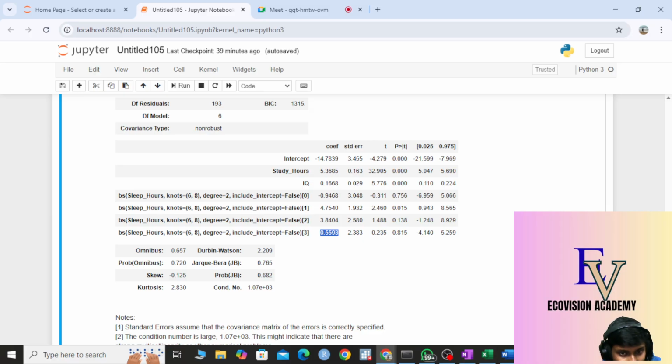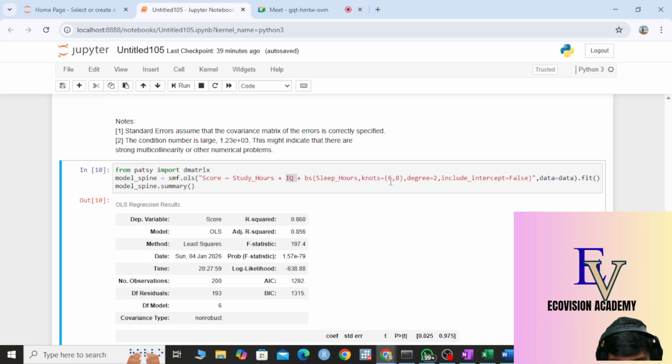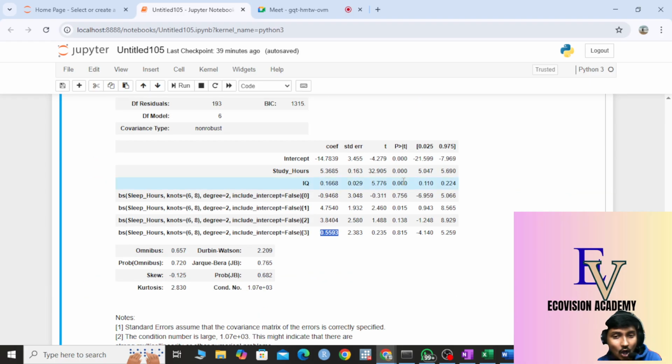That means spline fits different regression with score. I have given an interval: 6 to 8 hours, the people who sleep between 6 to 8 hours. So in this knot, spline basically fits different regression.